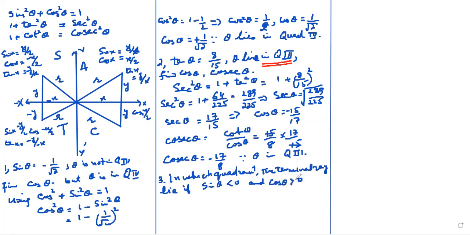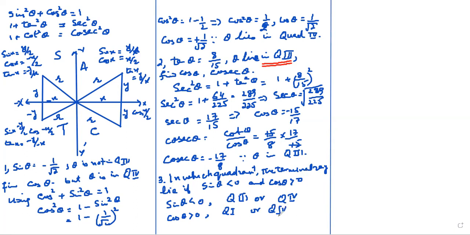Now, sine theta negative means quadrant 3 or quadrant 4. And cosine theta is positive means quadrant 1 or quadrant 4.